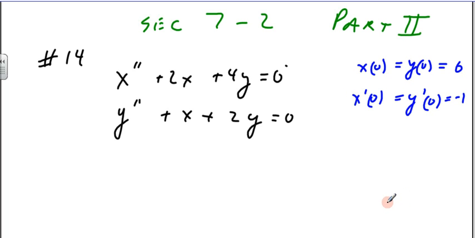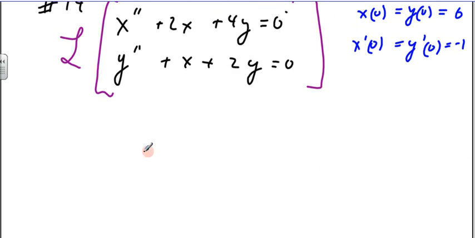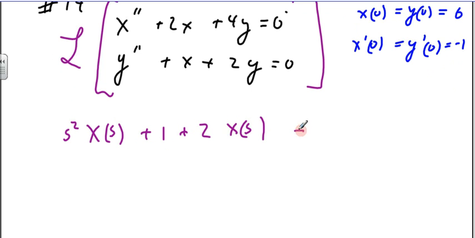Okay, so that being the case, we want to take the Laplace transform of both of them. Okay, so that's what we're going to do. And we're going to end up with s squared X of s plus 1, because I've got a minus 1 sitting there, plus 2 X of s plus 4 Y of s is equal to 0.